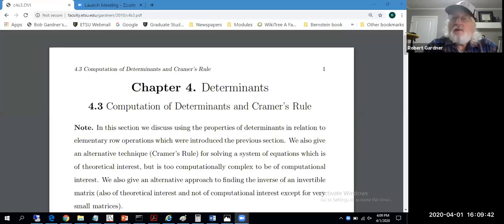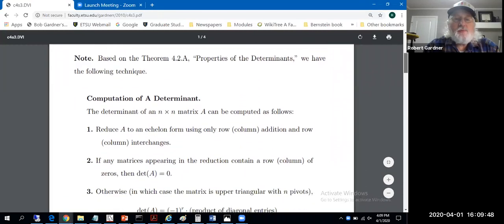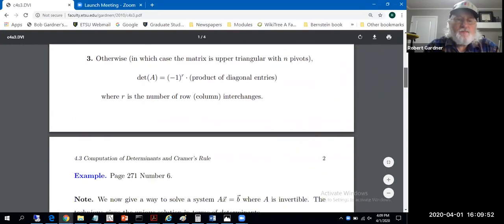Okay, let's finish up this 4.3, Cramer's rule and some applications of determinants. We left off having reviewed our little protocol for computing determinants using row reduction.